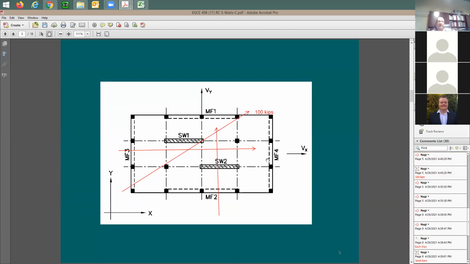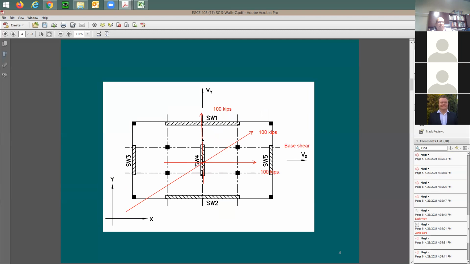Now we're going to resolve it in the x and y direction. Now each component is going to be less than 100 kips. Let's say if this is at 45 degrees, you're going to have here, let's say, 70 kips and 70 kips, versus when you design it for a total of 100 kips in each direction, x and y. So this design for the x and y direction should be sufficient. And you don't really need to do this at an angle unless you have one of the walls aligned in this direction.